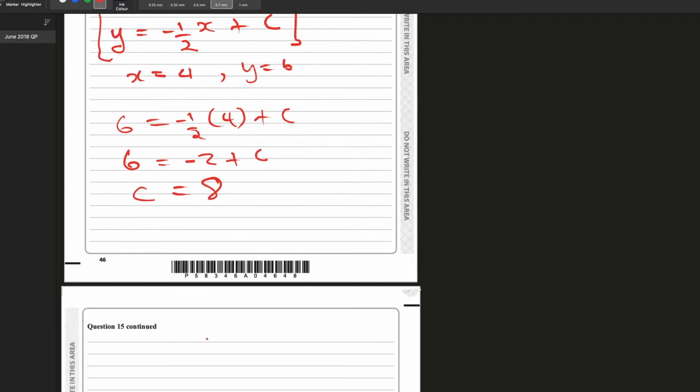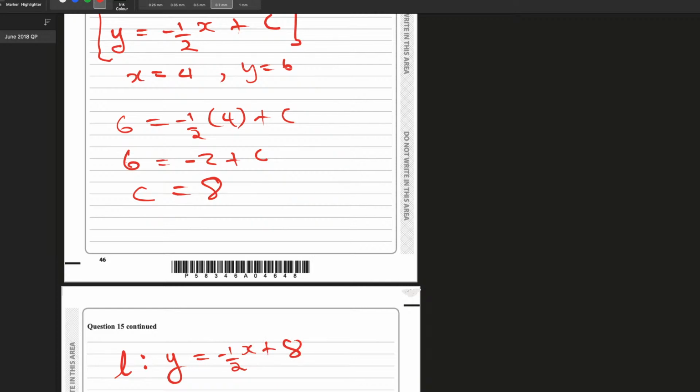If c is equal to 8, then the equation of line L is y equals minus half x plus 8.